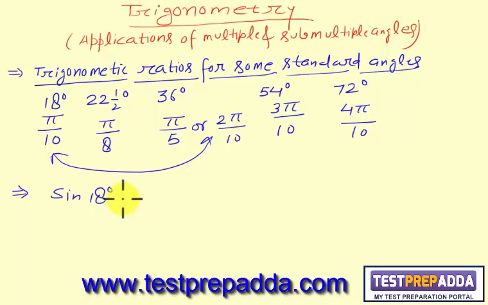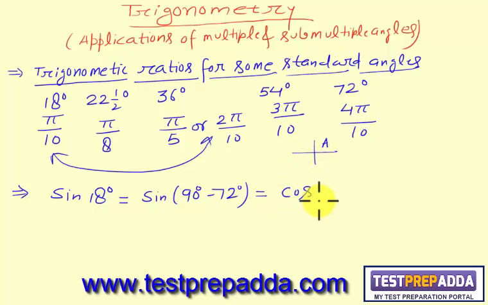If you write this 18 degree as 90 degree minus 72 degree, sine 90 minus something means sine will become cos, and 90 minus theta lies in the first quadrant, and in the first quadrant all trigonometric ratios are positive, so it will be positive. Cos, it becomes 72 degree.